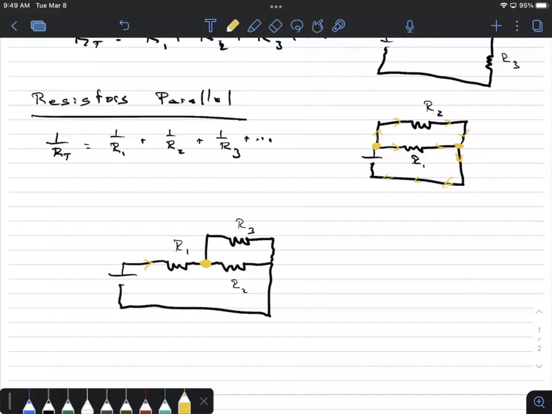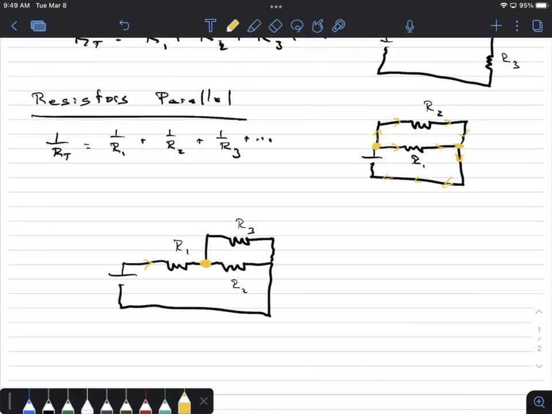And of course, the same holds the other way. I can't say R1 and R3 are in series because maybe after it hits R1, the electron hits R2 instead and misses R3. So at the beginning of the problem, R1 is not in series with anything.